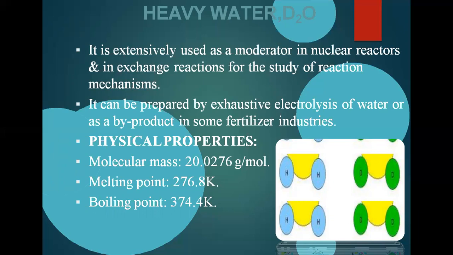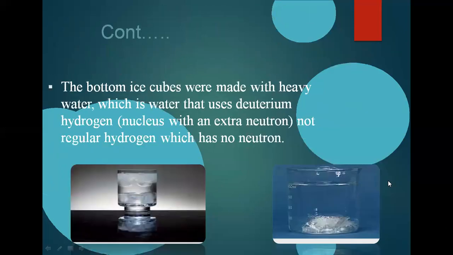Physical properties: molecular mass is 20.027 grams per mole, melting point is 276.8 Kelvin, boiling point is 374.4 Kelvin. The structure is the same as water, the angle between the hydrogen bonds will be the same, a bent structure. When you put a D2O ice cube in water, it sinks to the bottom of the tumbler.